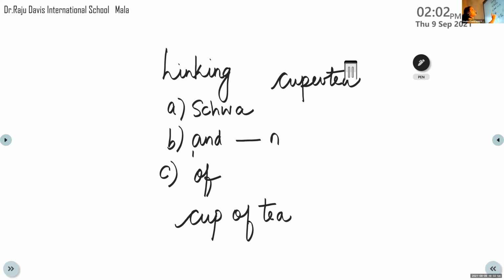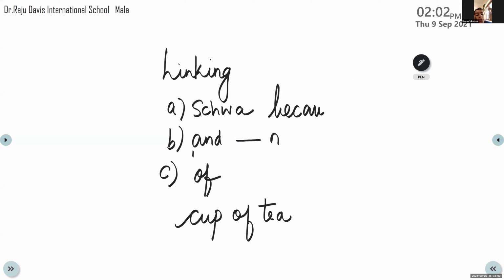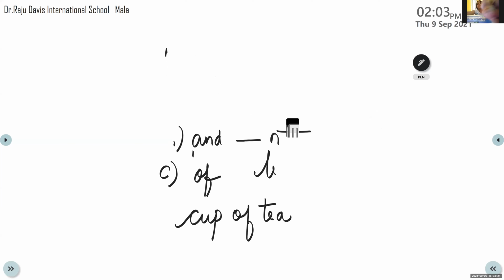Another word which we can do is "of." If I ask Ryan, why didn't you come to school? So he says, I couldn't come to school because of fever. So I can simplify this.